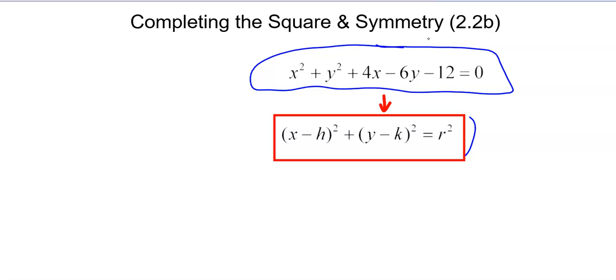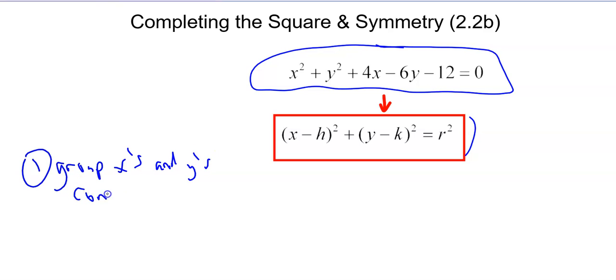The first step is to group the x's and the y's together with the constant on the other side. It's really sloppy, sorry. So you want to move this constant over. We did that with completing the square before, so that's pretty normal. But you also want to group the x's.